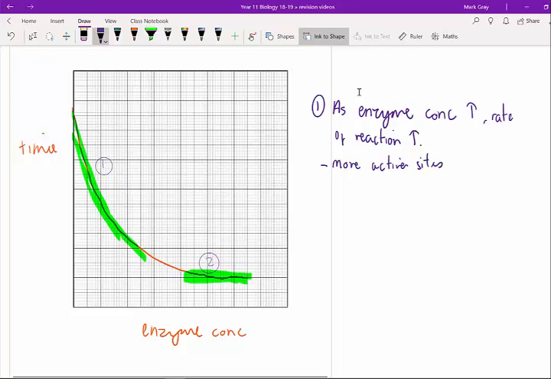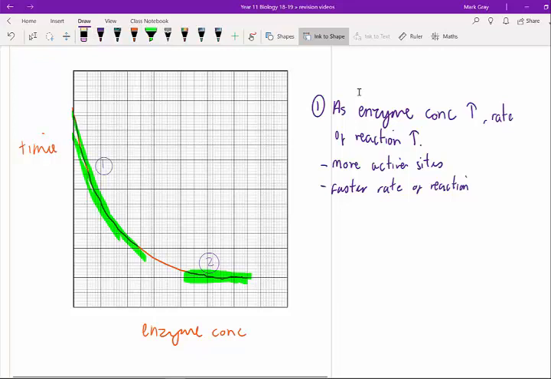So if there are more active sites, there will be a faster rate of reaction. So in other words, the substrates are broken up quicker.